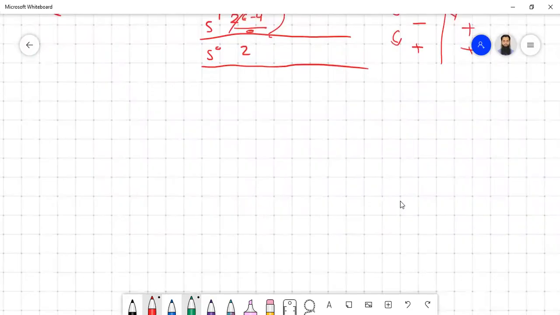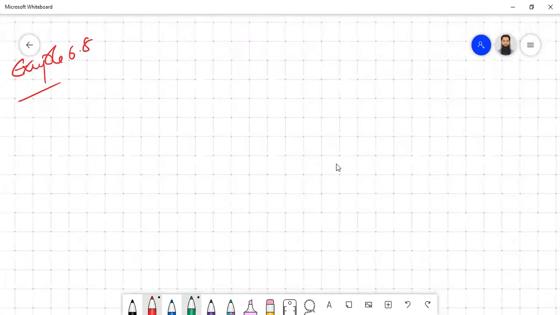Now the next example is example 6.8. Now we have a very big transfer function. So I'm just writing the simplified version of this one.